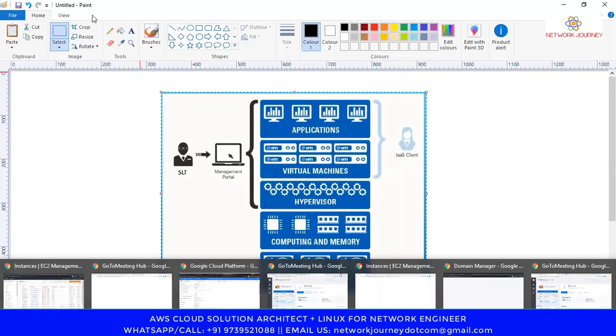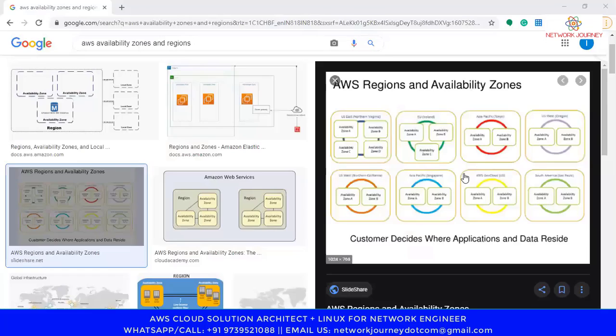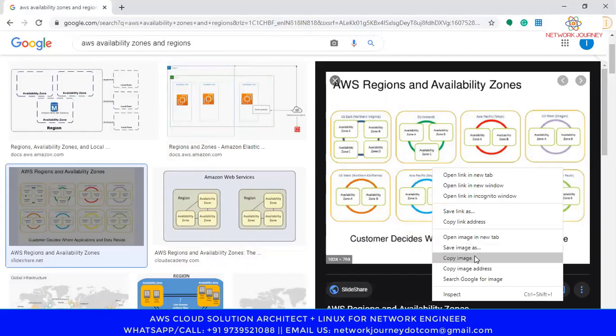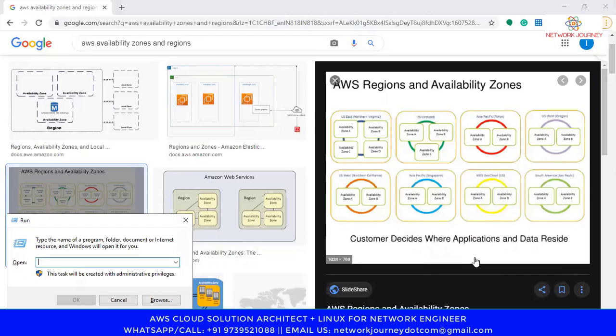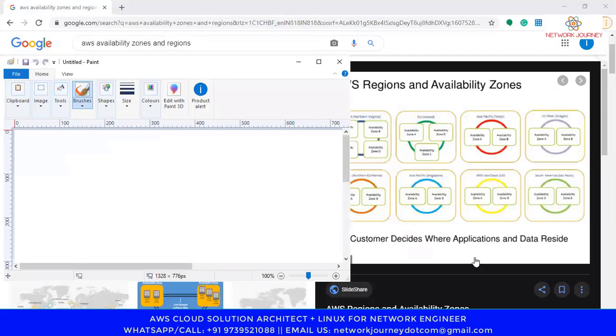For you to understand, I can show you one more diagram in the browser. As I said, each and every region has different availability zones. An availability zone is nothing but multiple data centers under the region.